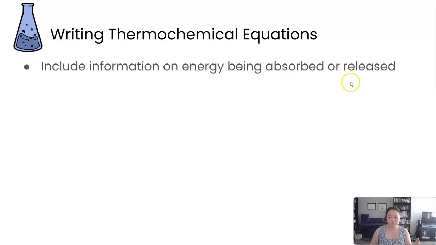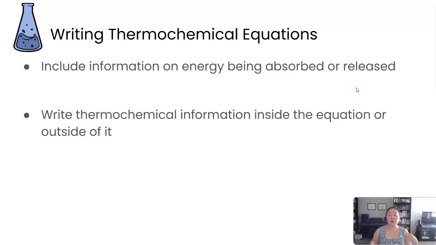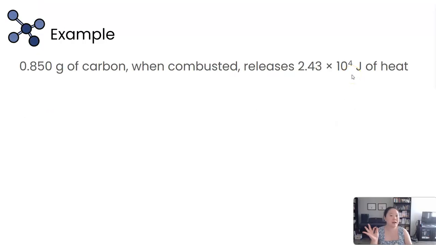So you're going to be including information about what is being absorbed or released. You can put that thermochemical information inside the equation or outside of it, and I'll show you how that works in a bit. And it is also going to be stoichiometric. So all of that stoichiometry, all of that balancing that you do, is going to be related to that. So as an example, let's take this situation.